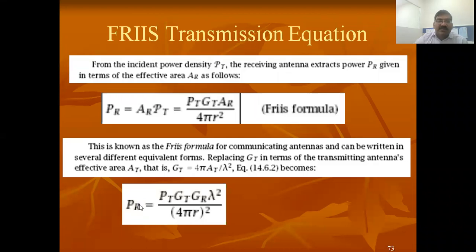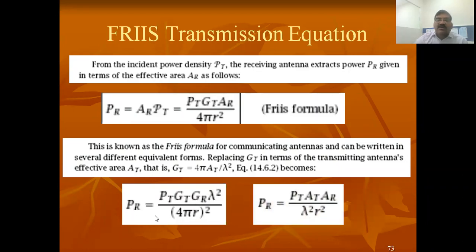Our goal remains the same: how much power we can receive. That is PT, GT, GR, lambda square upon 4 pi r square. The power PT, GT remain the same, and in place of AR you can have GR, the gain of the receiving antenna. When you increase the gain of the receiving antenna, you can also have larger reception power.